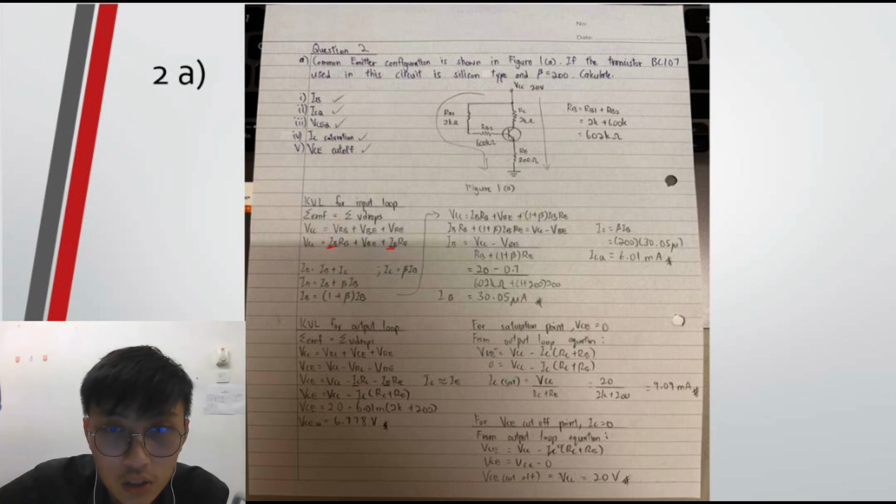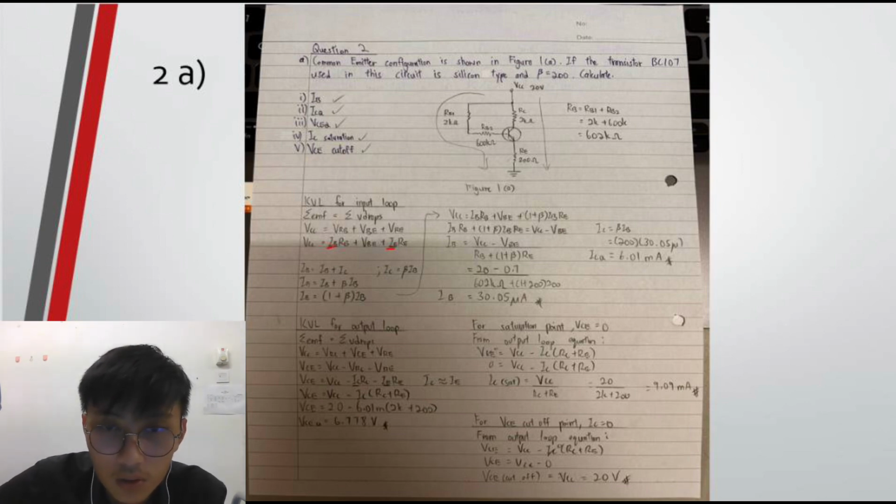And then we substitute inside the input loop formula, so we get VCC equal to IBRB plus VBE plus 1 plus beta IBRE. We want to find IB first, so we put IB in front. So IB is equal to VCC minus VBE over RB plus 1 plus beta RE.